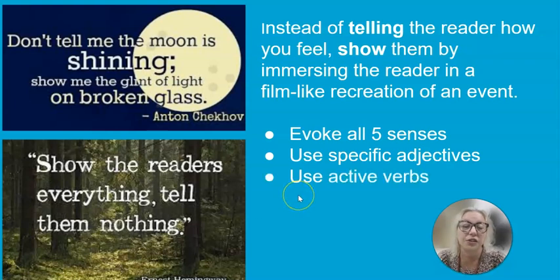Okay, another one is use active verbs. Verbs are action words, right? And so action words are the words that are acting. They are the words that make a sentence a complete sentence. We have in this sentence the word is, a verb, and that's the kind of verb you don't want to use because it's not active.